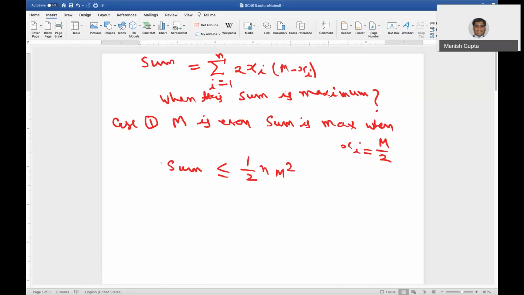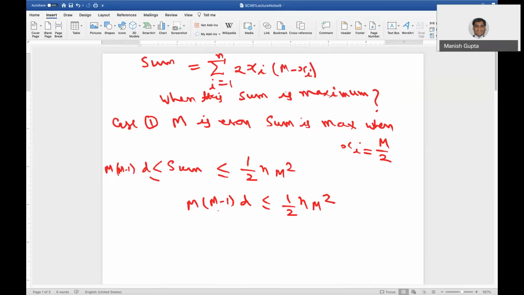Now we know that the lower bound to this sum is what we just computed from the first equation, that M times M minus 1 times D, and hence we have M times M minus 1 into D cannot exceed half n into M square.